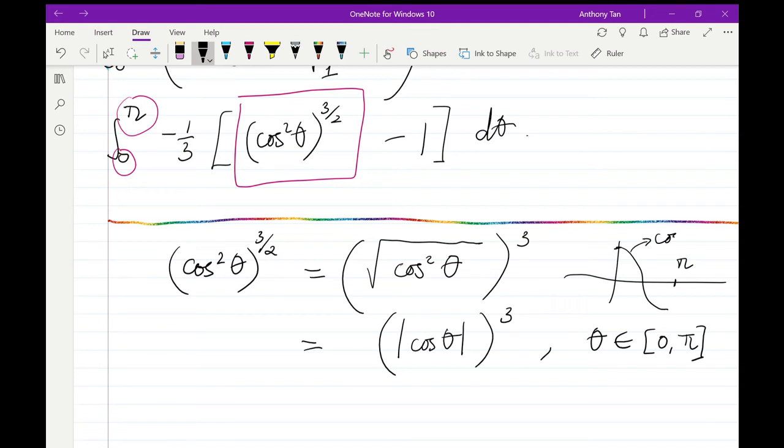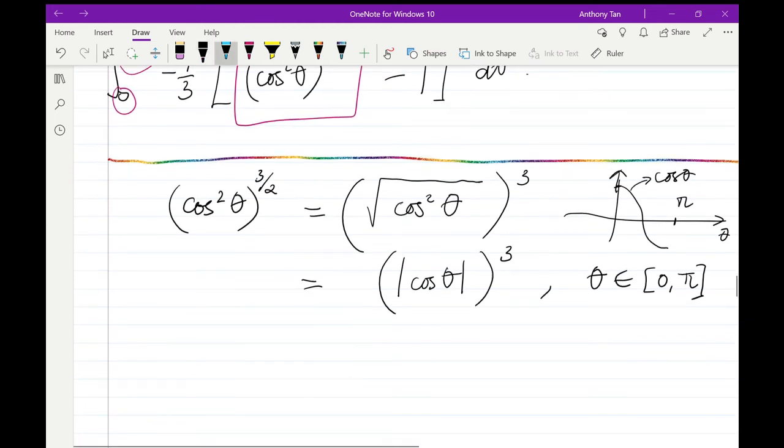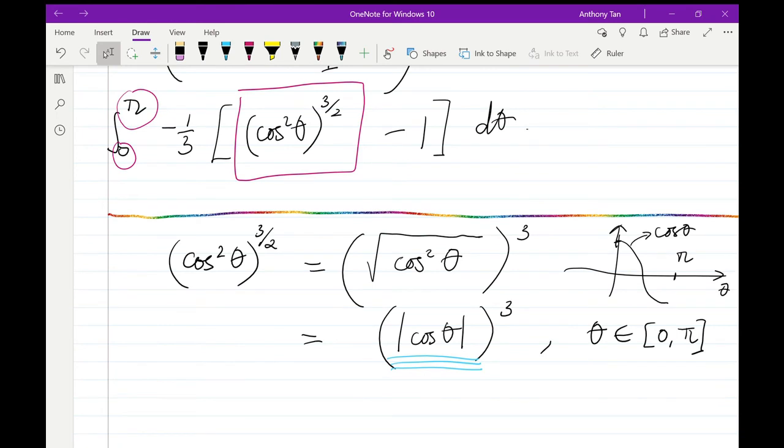So the absolute value of cosine theta, when theta is going between 0 to pi, matters because cosine changes sign, right? So you have to be very careful when you do this step. There must be an absolute value when you do the square root of cosine squared.